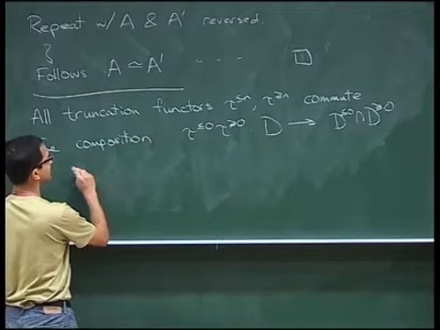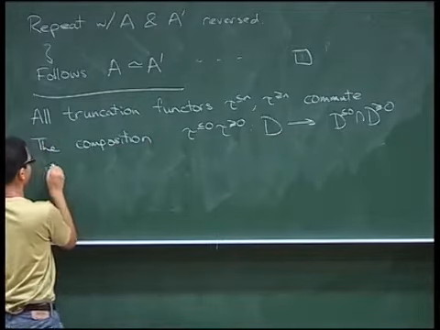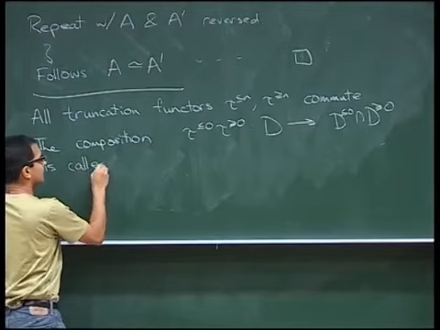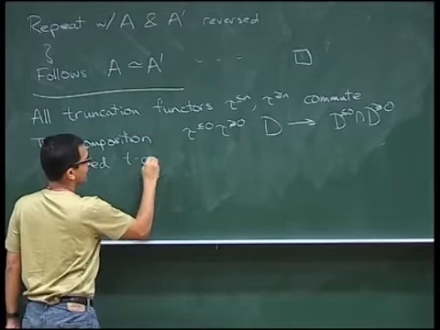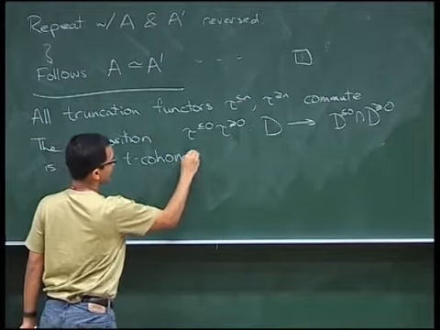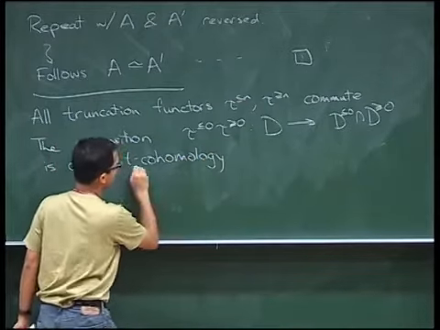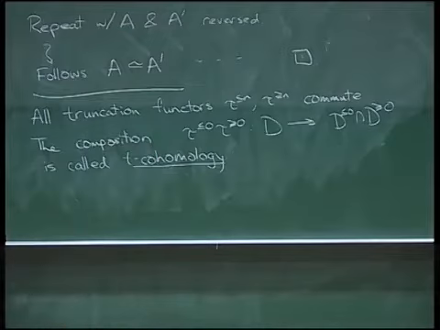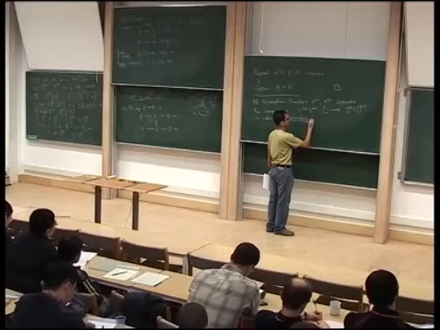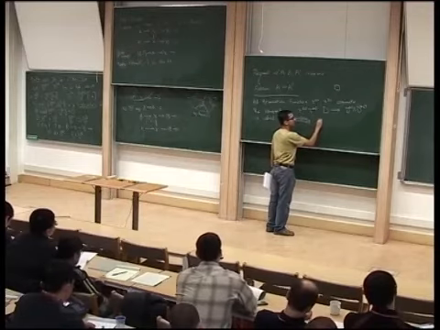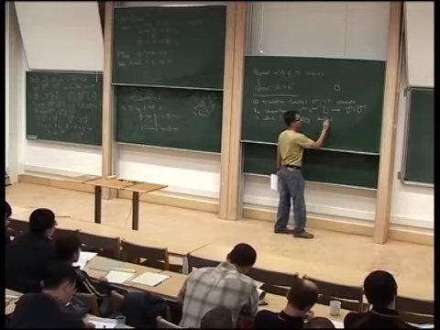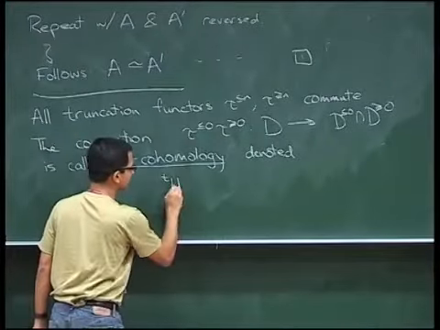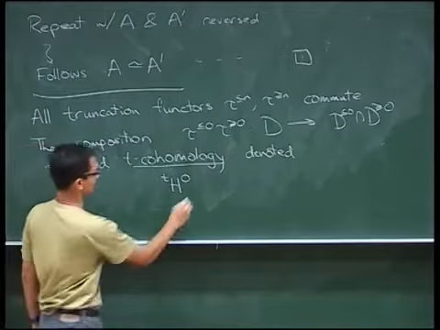And it has a special name. It's called cohomology, and maybe I'll call it T cohomology to distinguish it from ordinary cohomology. Another notation for it is something like TH0.